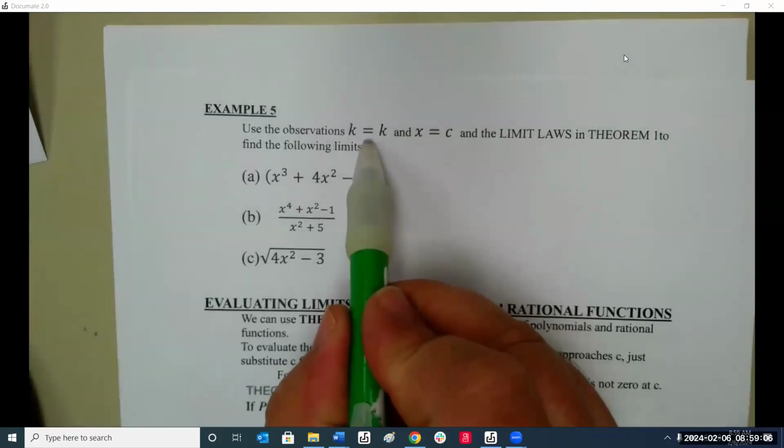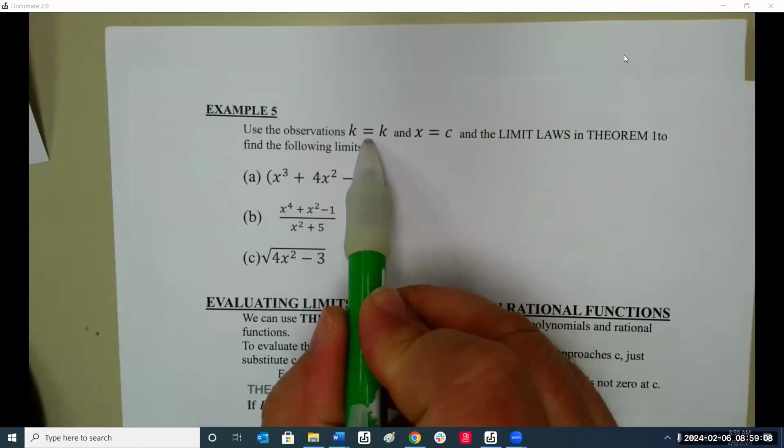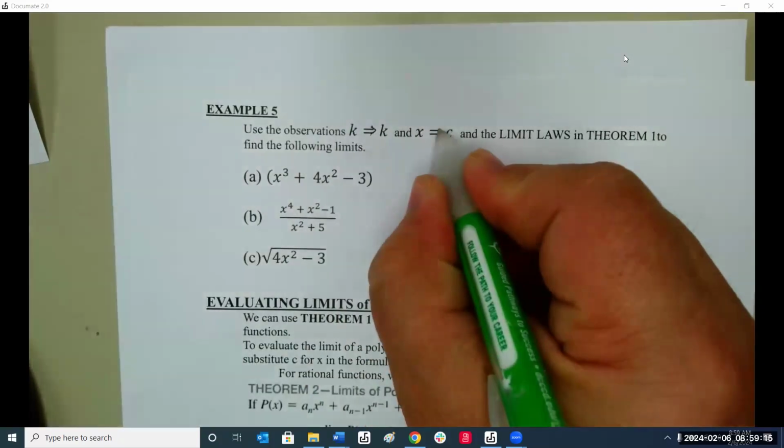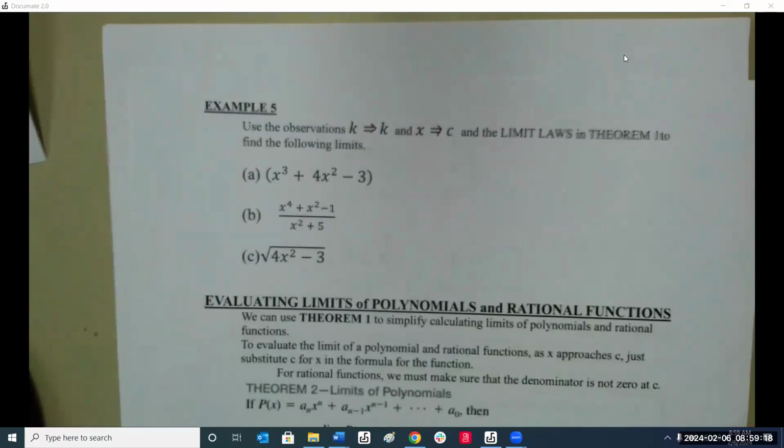So what does this mean? Basically, that's what we're approaching.